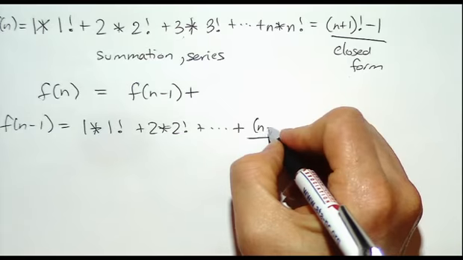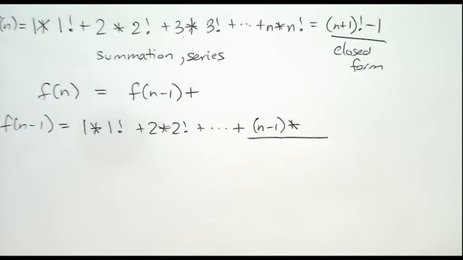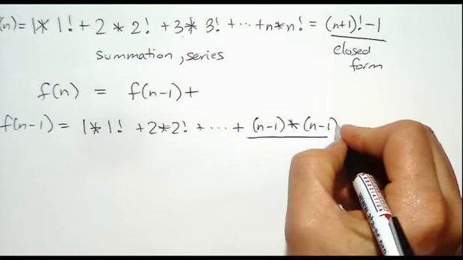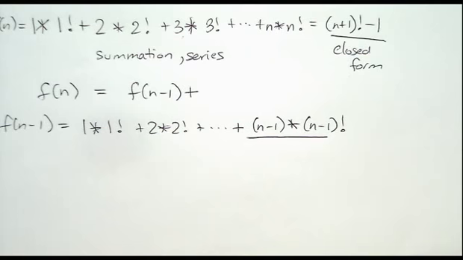N minus 1 times n minus 1 factorial. That should not be hard. That is one of the reasons why you take this class: to practice recognizing, if I change an input, how does that change what I'm actually calculating.